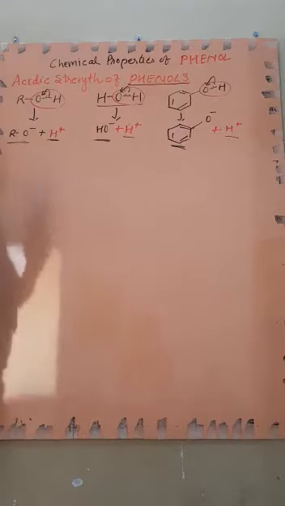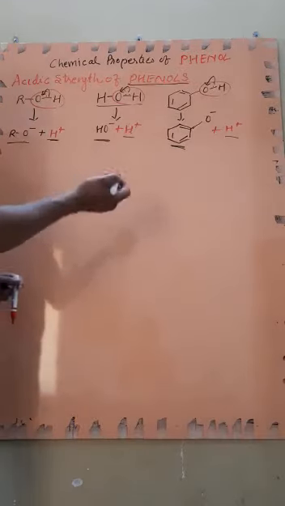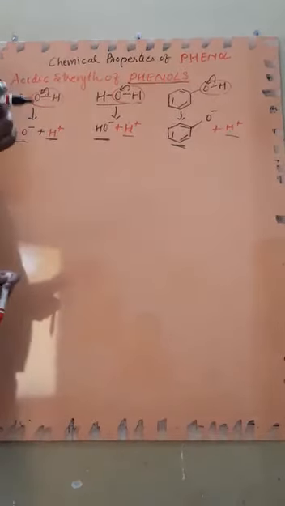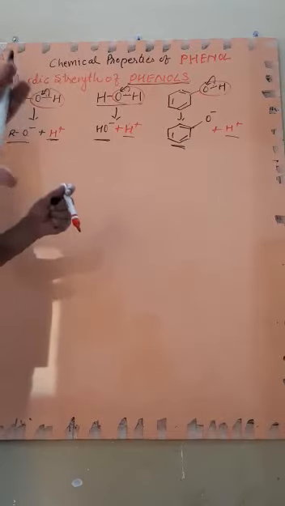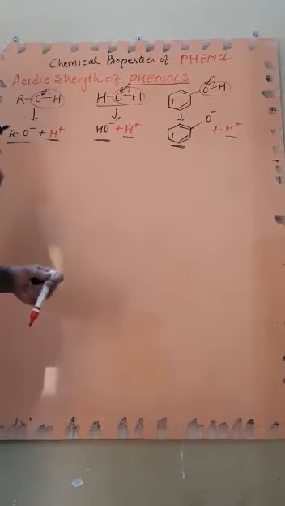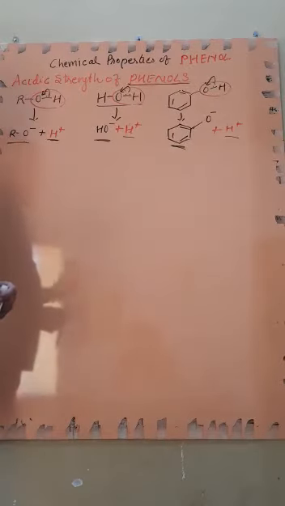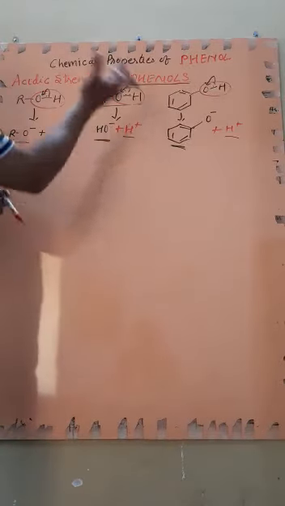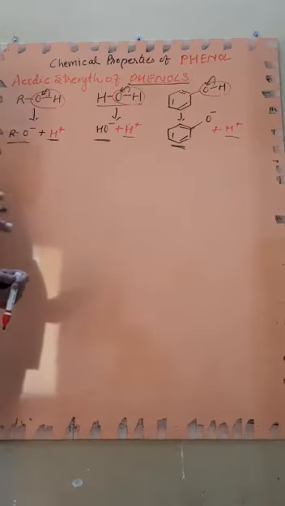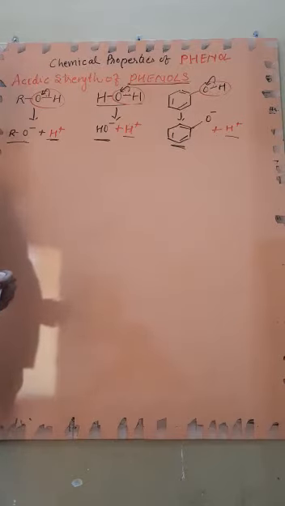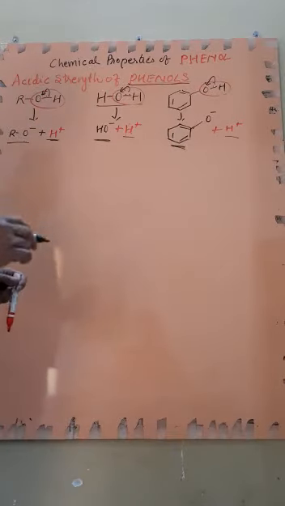If they stabilize themselves, they will not attract the H cation again, so the H cation remains in solution and the compound is more acidic. If they are not able to stabilize themselves, they will gain the H cation again, the quantity of H cation in solution will decrease, and the compound will be less acidic.